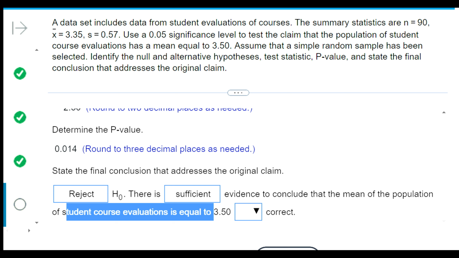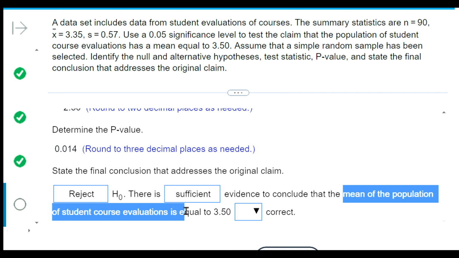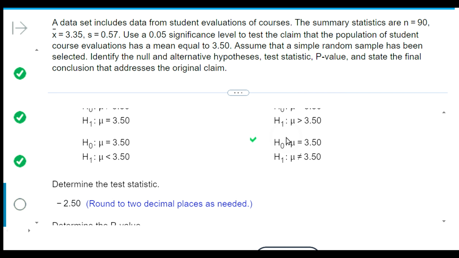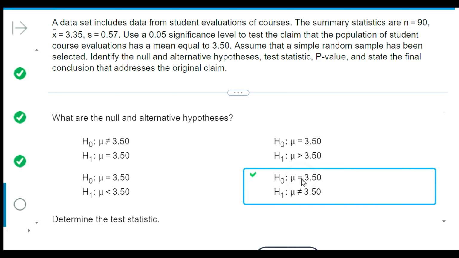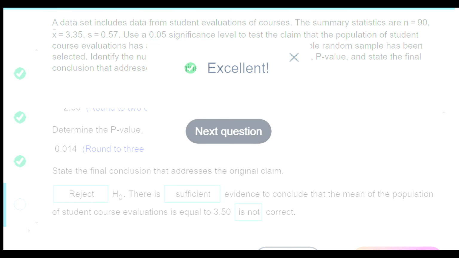The mean of the population of student course evaluations is equal to 3.50. I do believe that was the initial hypothesis. Look, it says equal. And if we're rejecting that statement, that means we think it's not correct.